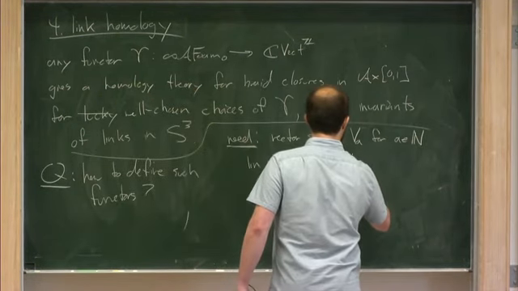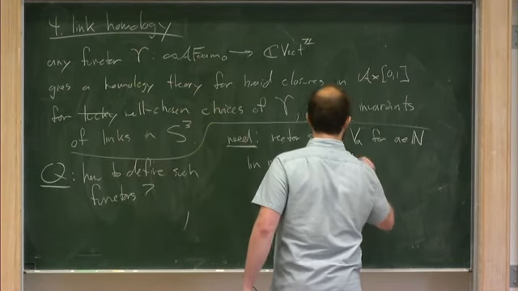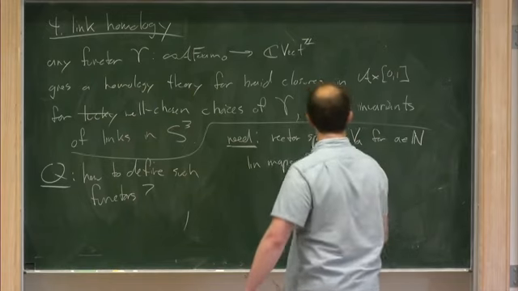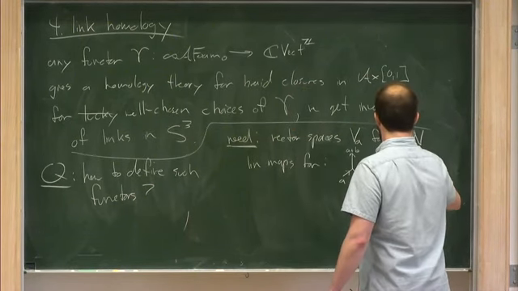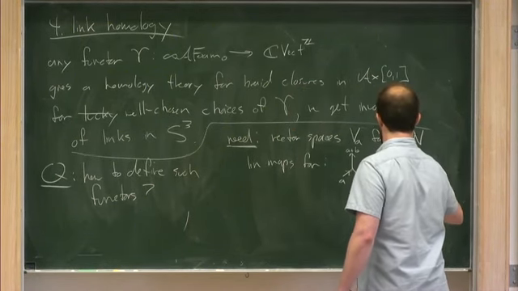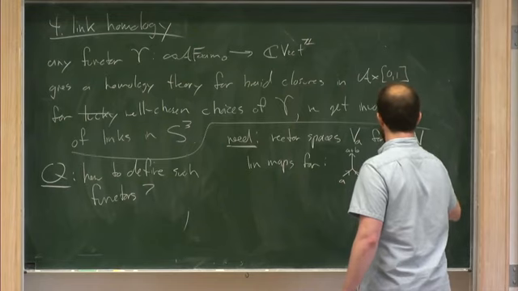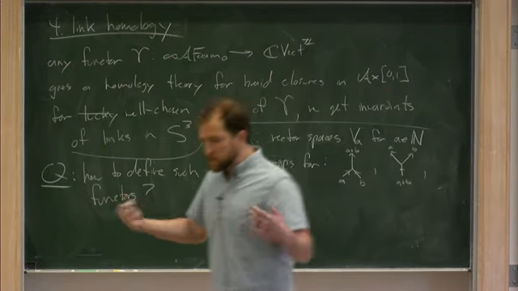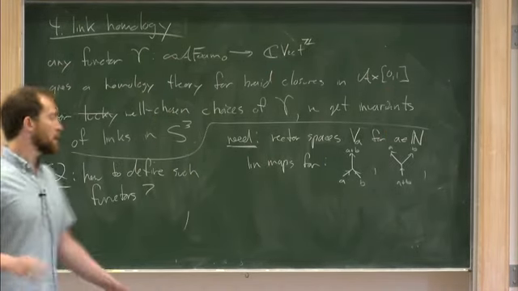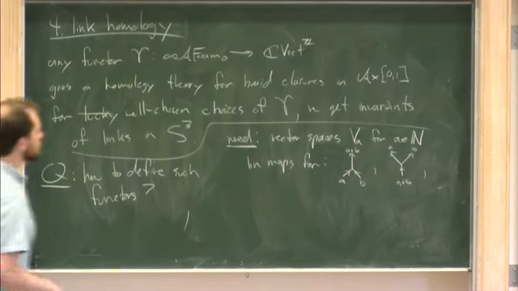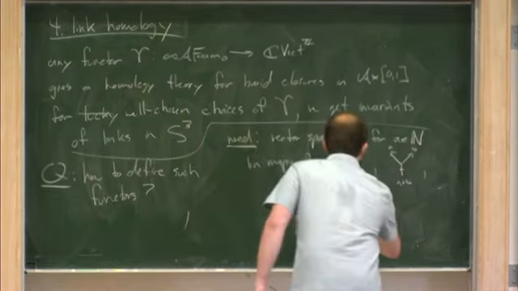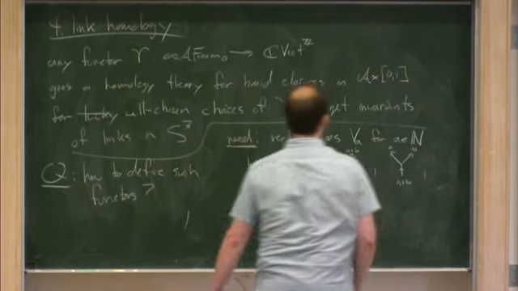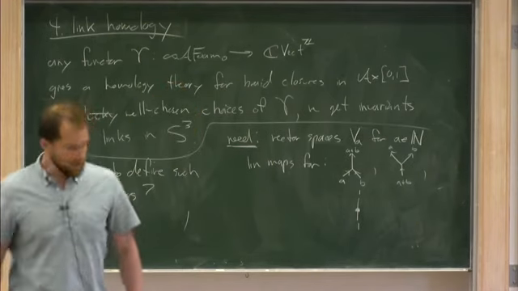Well, I need to assign a linear map from A, B merging to A plus B, and A plus B merging to A and B. And of course, there's these decorations floating around, but up to relations between the decorations, you really just need to specify one map from the vector space you assign to the number 1 to itself.